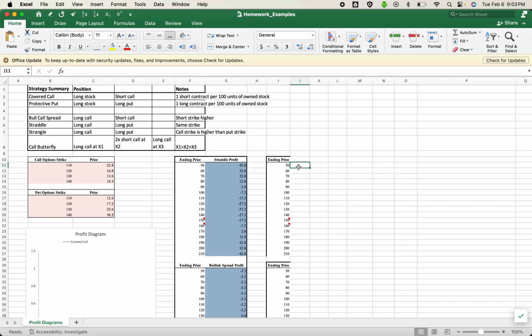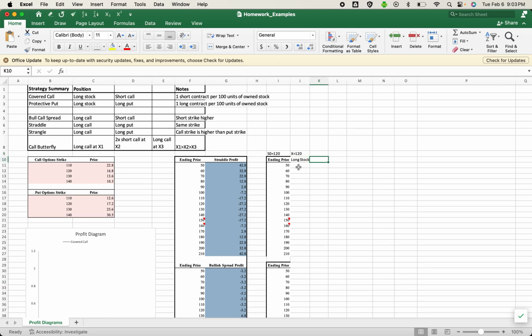Okay, so long stock, short call. I'm going to calculate the profits from both of those, and then just add them up. So long stock profit, and let's assume the current spot price, S0, is 120. So I'm going to calculate profits off of that, and because of that, I'm also going to make my strike 120.